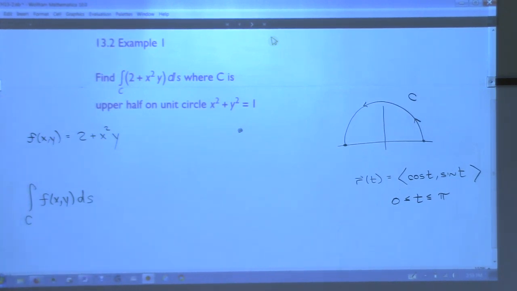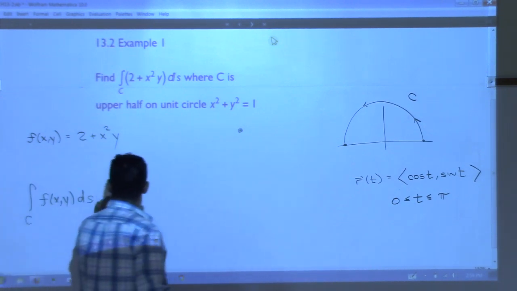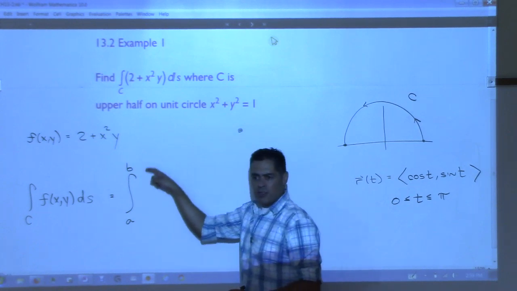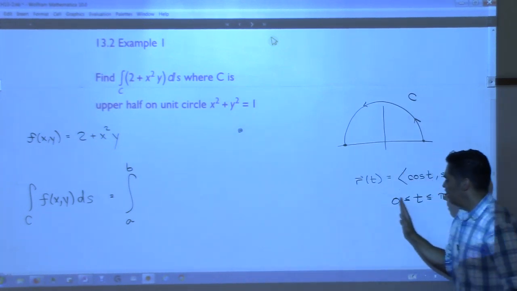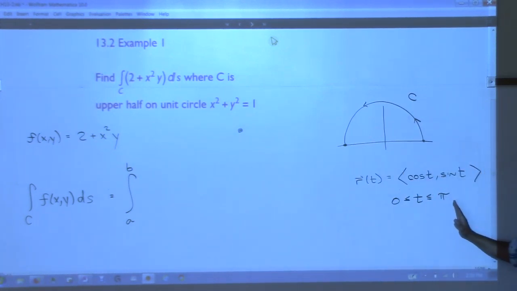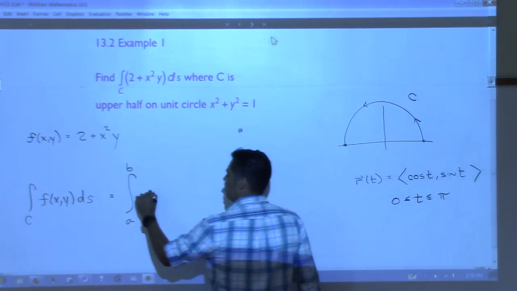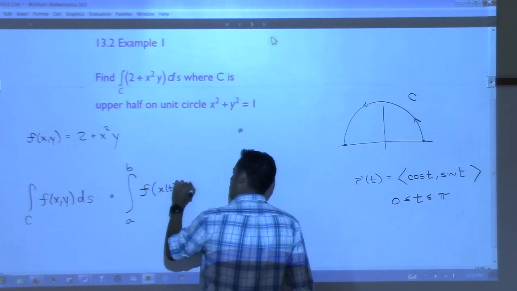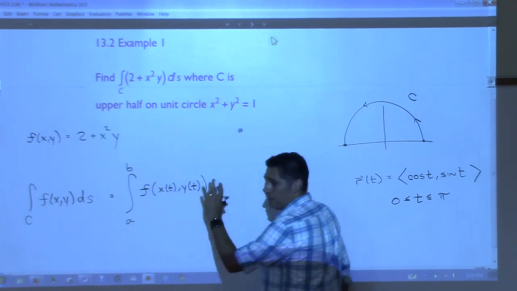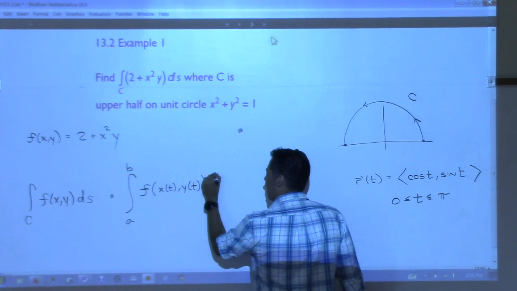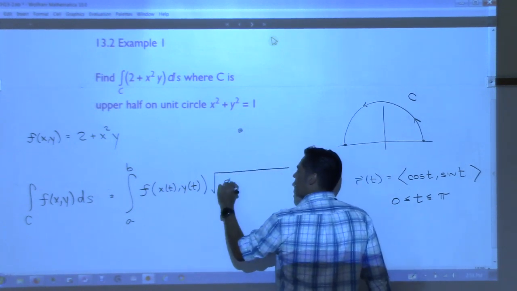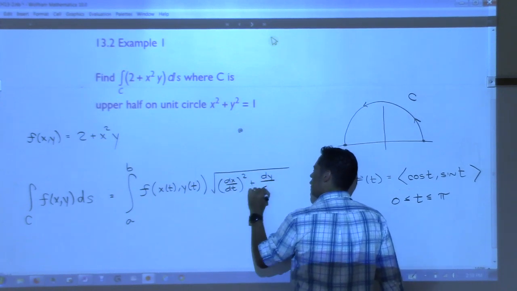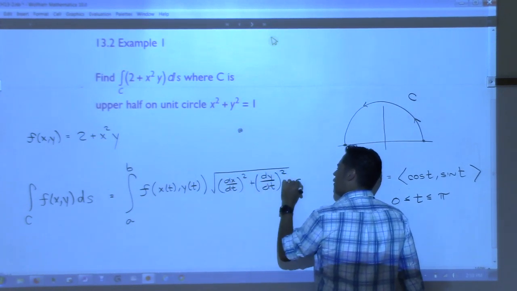Right, so to do this, what we need are limits of integration. These are our restrictions on t, which we know are going to be 0 to pi, right? Then we need the function evaluated at x of t, y of t. I'm just writing the definition out right now. Then times the square root of dx dt squared plus dy dt squared, dt.